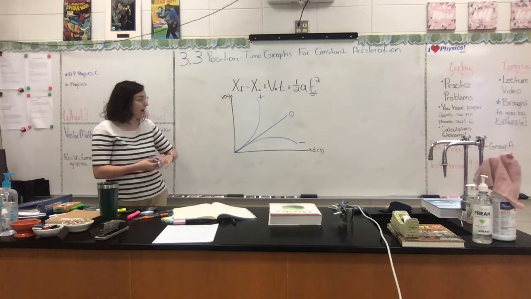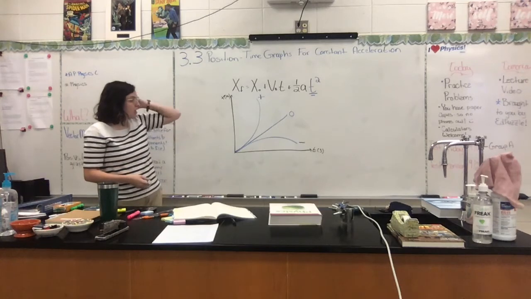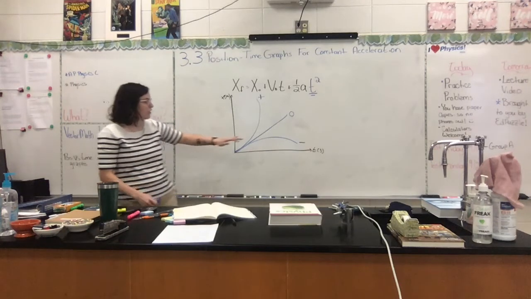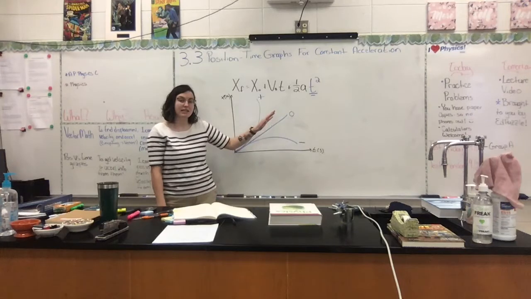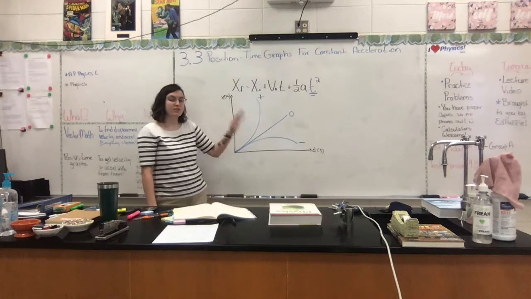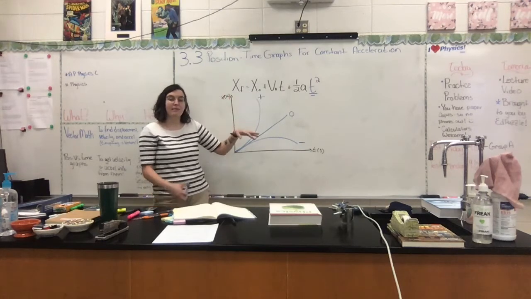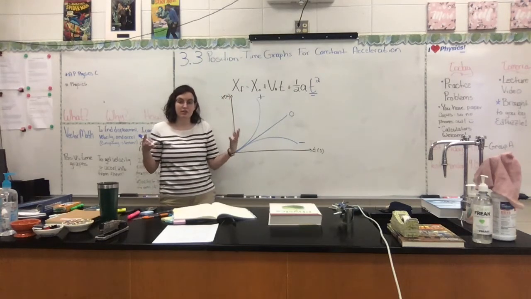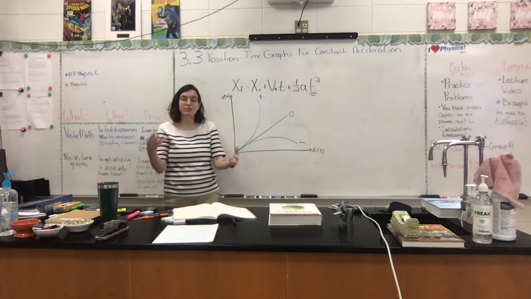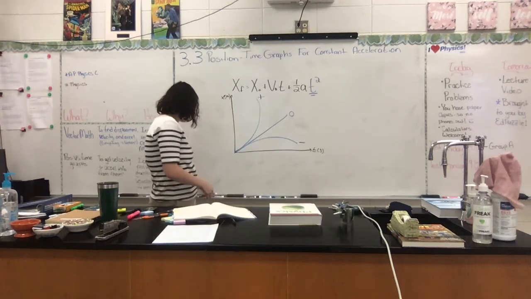Okay? Now, remember when we were talking about regular constant velocities on a position versus time graph, we said that the steeper the slope is, the larger our velocity is, right? Well, it's a similar thing with our accelerations.